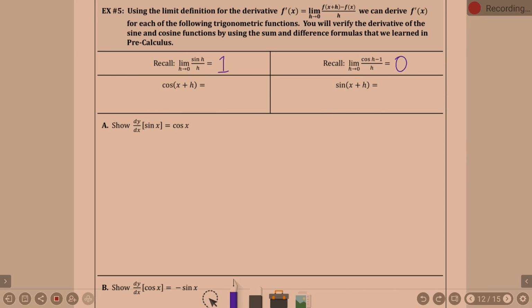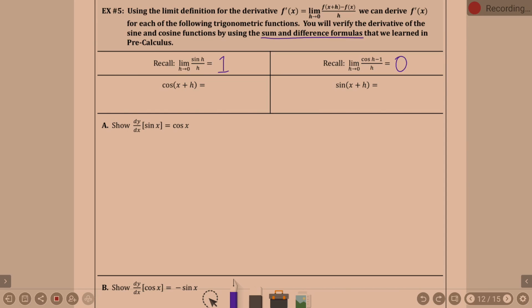Now, purple paper and pre-calc, this is where your brain's going. Sum and difference formulas. We had sum and difference formulas for sine, cosine, and tangent.